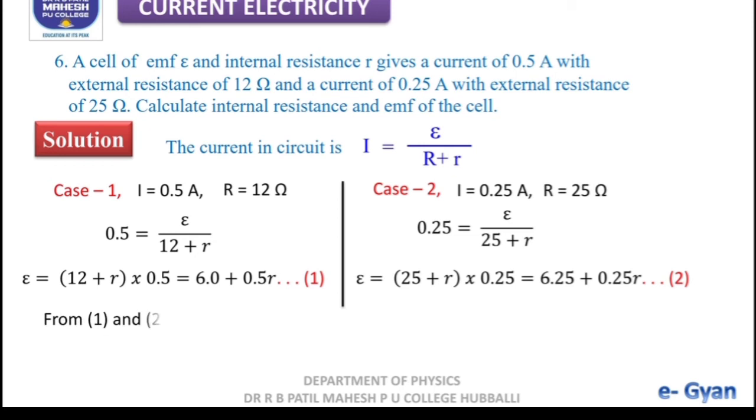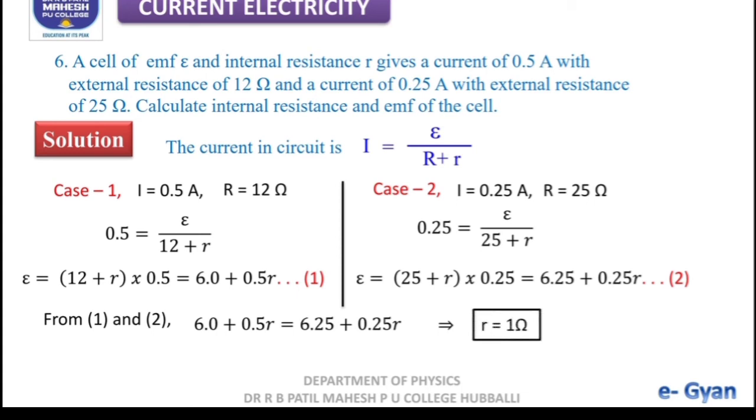Now from equation number 1 and 2, equating 1 and 2, we get 6.0 plus 0.5 r is equal to 6.25 plus 0.25 r. Taking this term to the other side and simplifying, we get r is equal to 1 ohm.